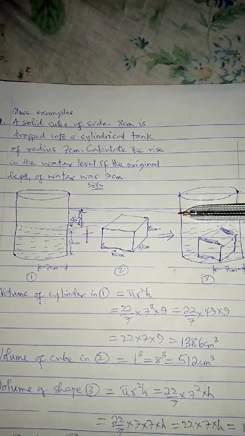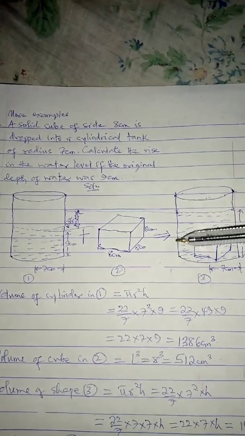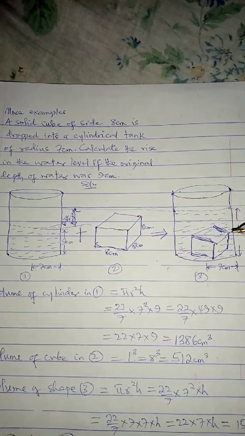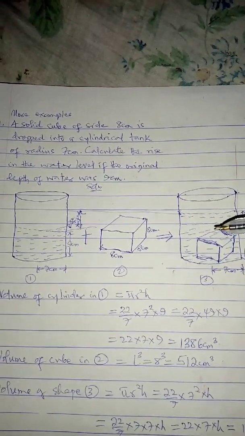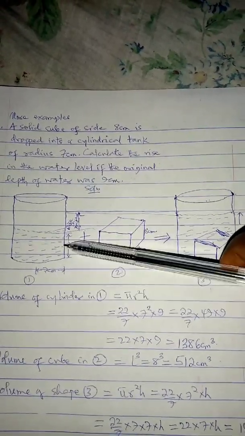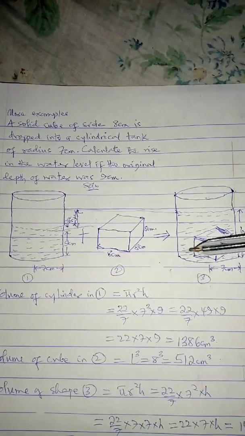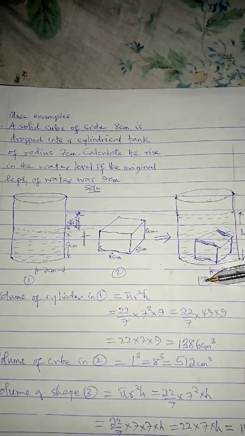So we have to calculate the rise in the water level. Call the new height of the water in the cylinder H. Let's call this one diagram 1. Call your cube diagram 2. Call what you have here diagram 3.